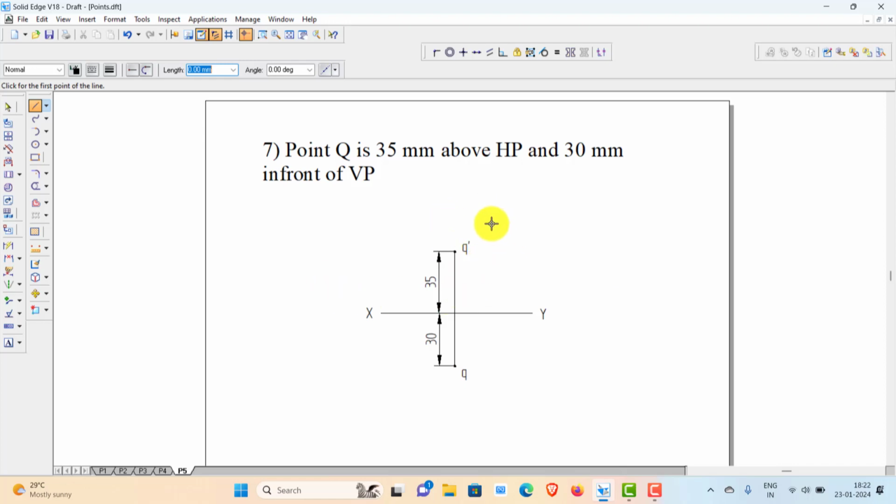Now this is a front view and it's a top view, so you can mark VP above XY line and HP below XY line. So I hope you understood the projection of points with respect to horizontal and vertical plane, irrespective of the quadrants. Now next I'll explain the projection of points on the profile plane.